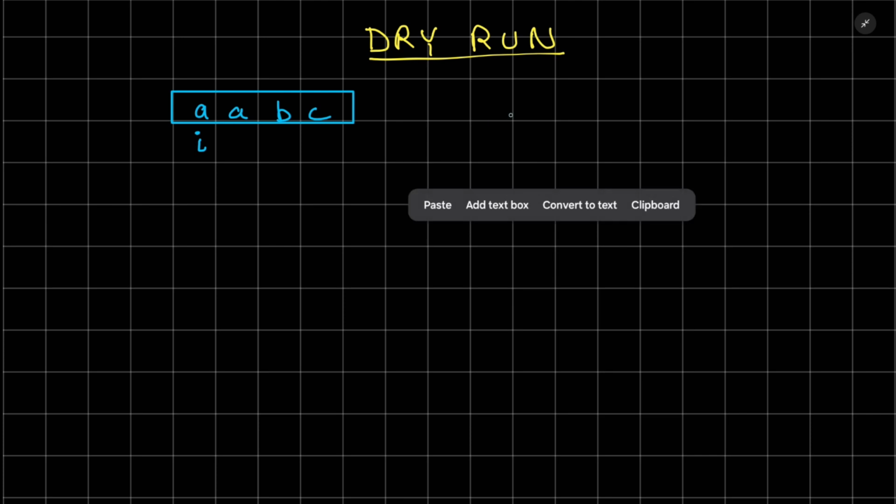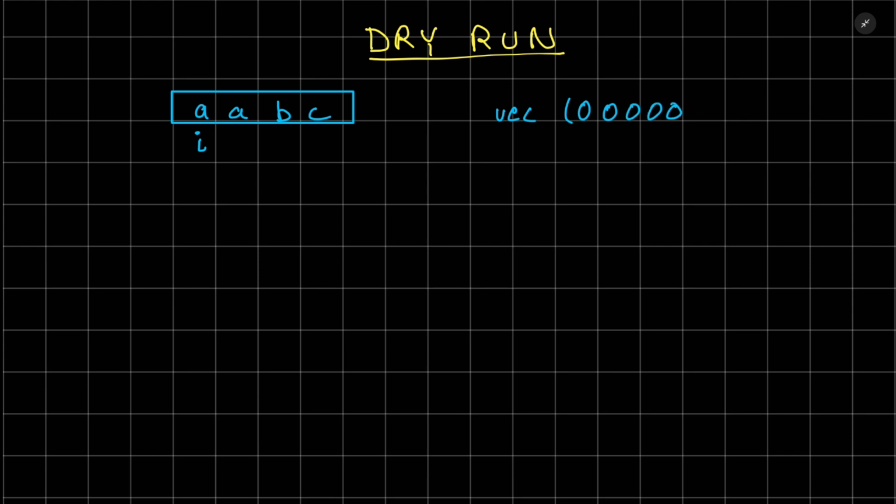Let's say our vector is vec, and initially it was 0 0 0 0 0 0 0 0 0 0. Initially this is what our vector was, because there is no character, so all are as good as even or 0. Now for I equals 0, this is 0 1 2 3.